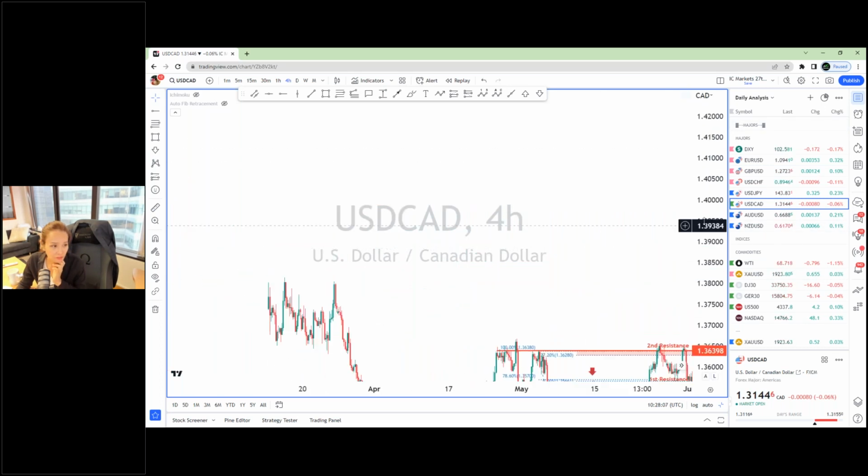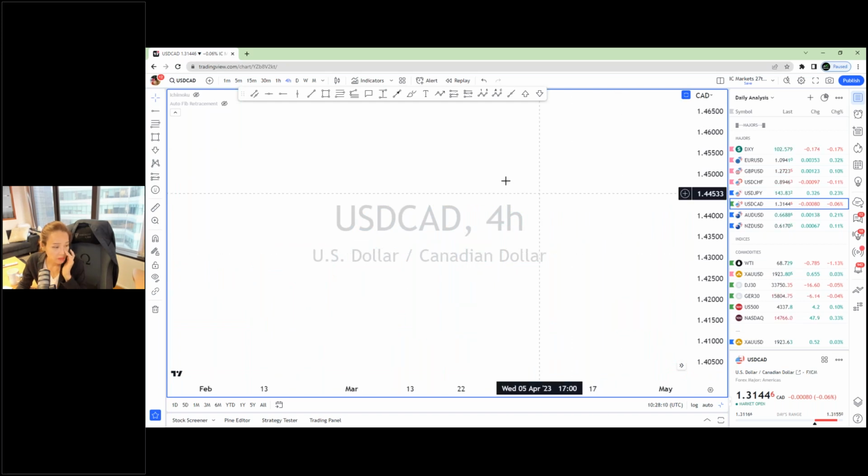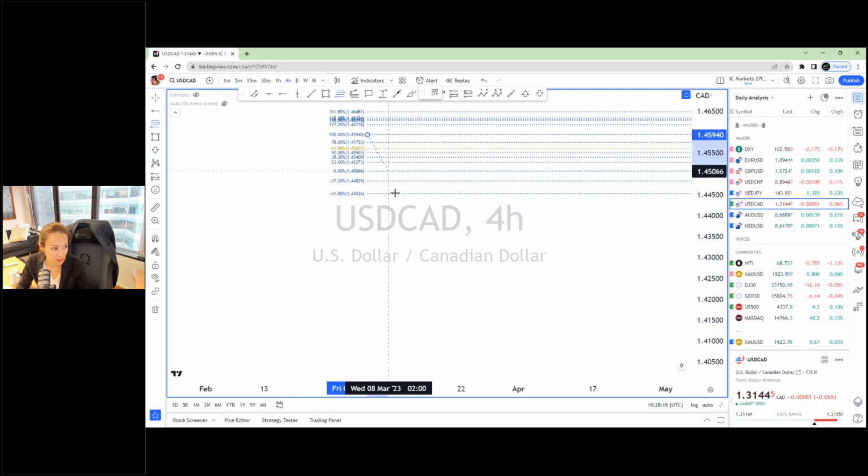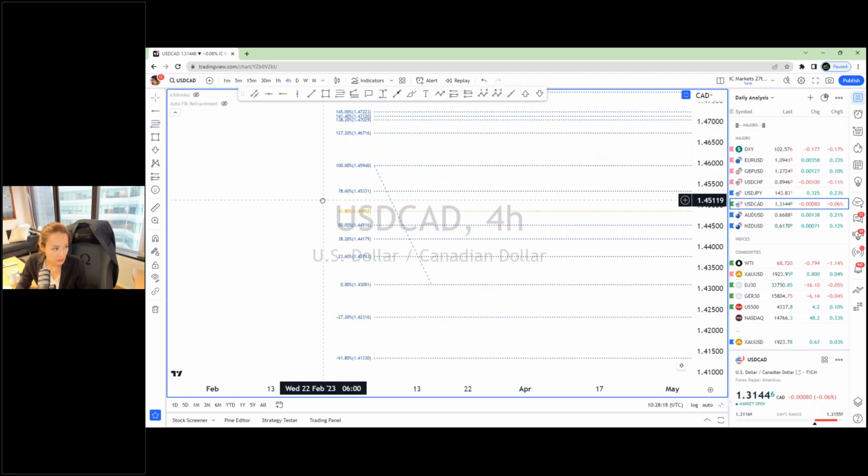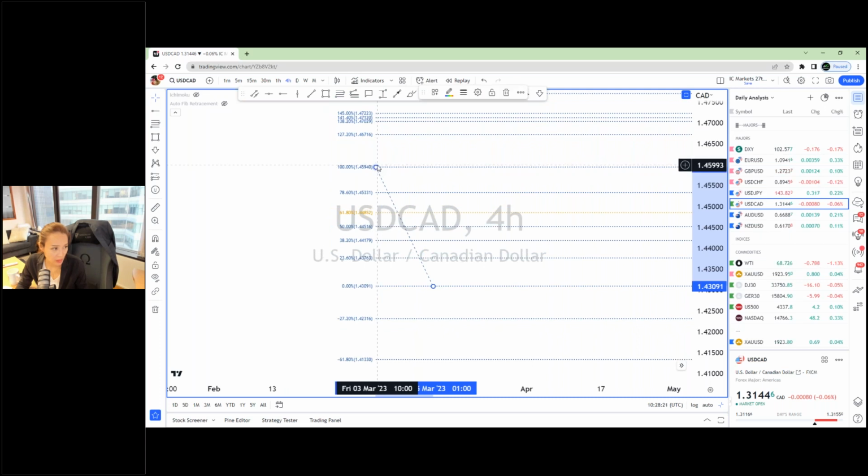Okay. Easy for you. If price is in an uptrend, you have to draw your starting point here, on the up, and ending point here. Okay, this is on downtrend. You wait for the price to pull back to here, and then you sell.